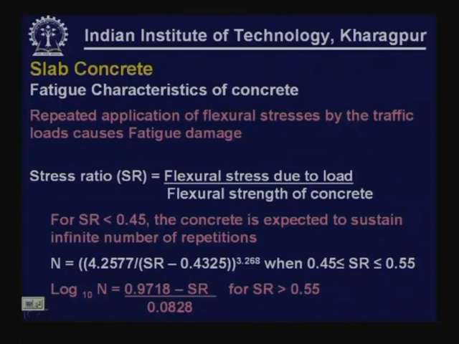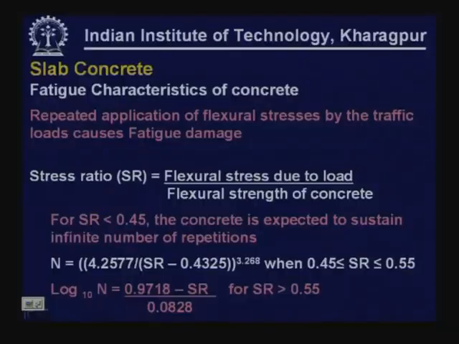So, for a stress ratio of 0.45, if the applied load is of such magnitude that the stress ratio would be less than 0.45, then it is expected that the concrete will be able to sustain an infinite number of repetitions of that particular magnitude of load. If the same load or even lesser loads are applied repeatedly any number of times, it is believed that the member will not fail in fatigue mode.